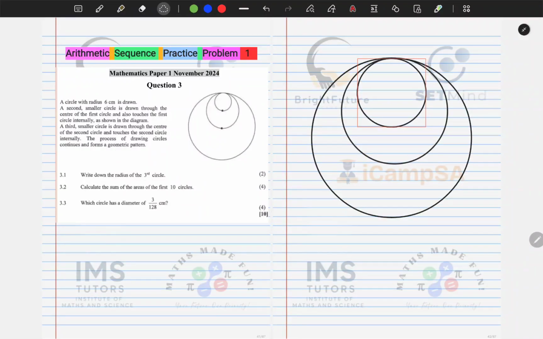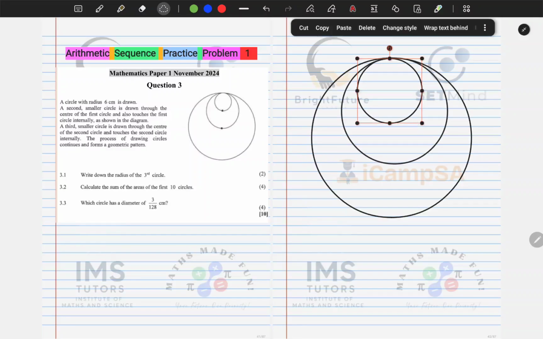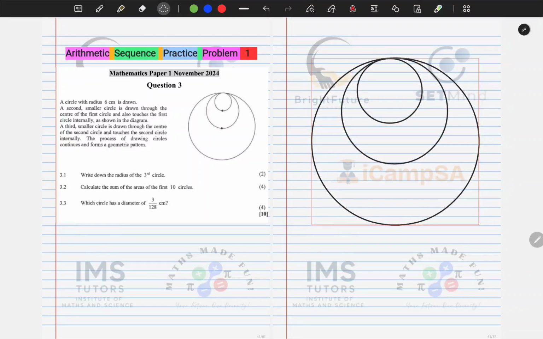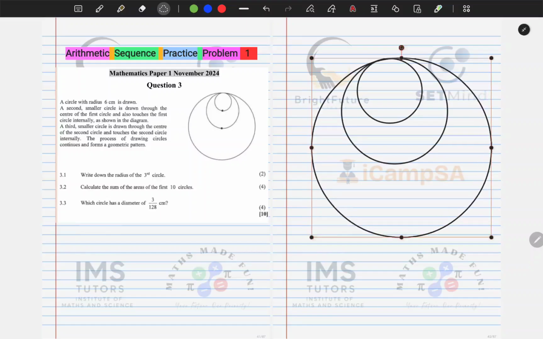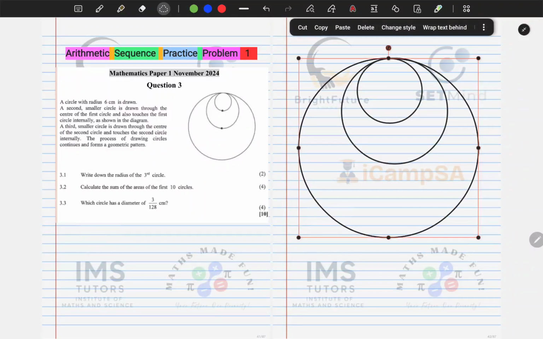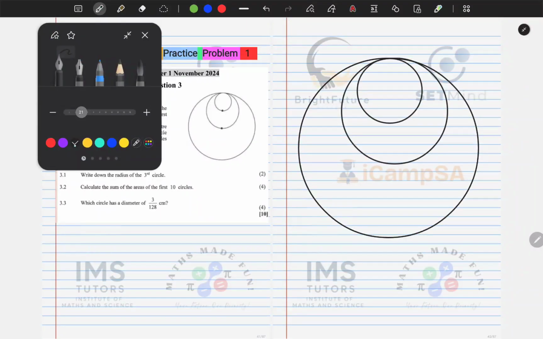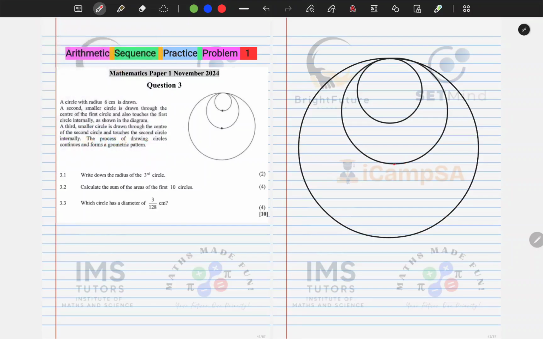So that is what we have. So let's make it a bit smaller, and let's see if we can make this one a bit bigger. Okay. Right. So what happens is we have the center here and we also have the center there, and I'll make the center of the smaller one to be somewhere there.